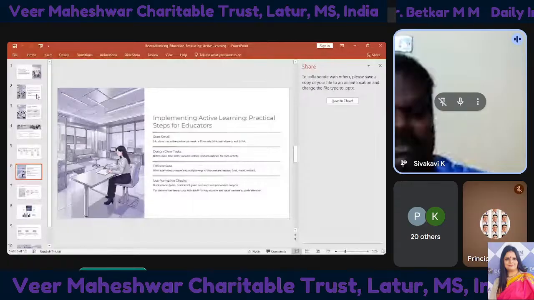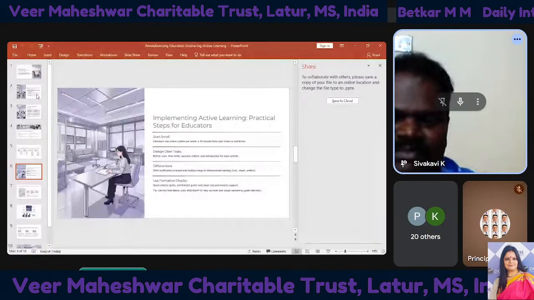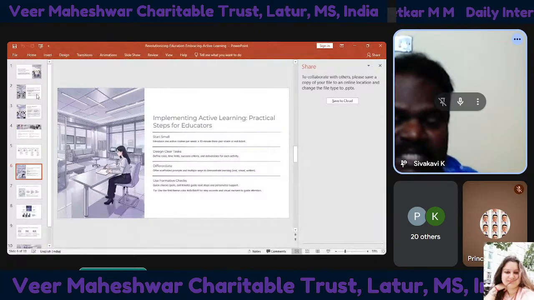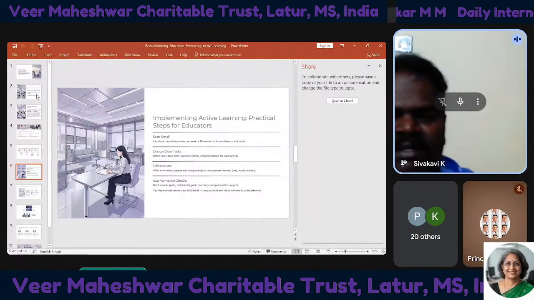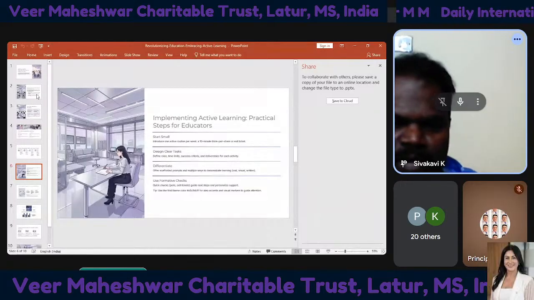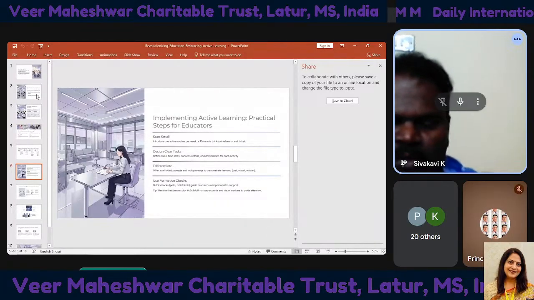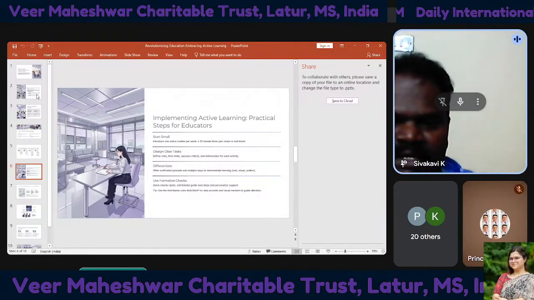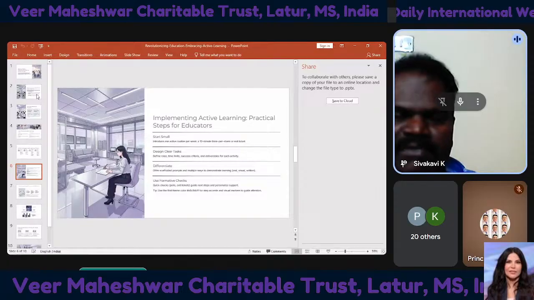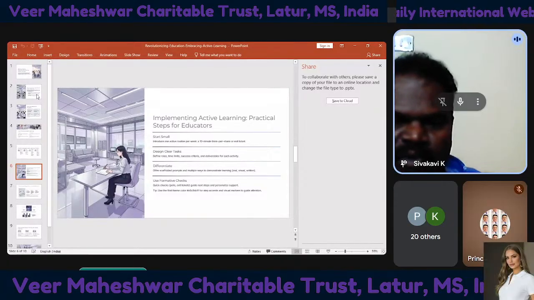Use formative checks. As we all know, there are two types of assessments: formative and summative. What is formative? It's like cooking a dish at home. While cooking, we test whether we added salt, whether we added chili properly, whether all ingredients are added properly. During the preparation, if we are tasting it, that is formative.